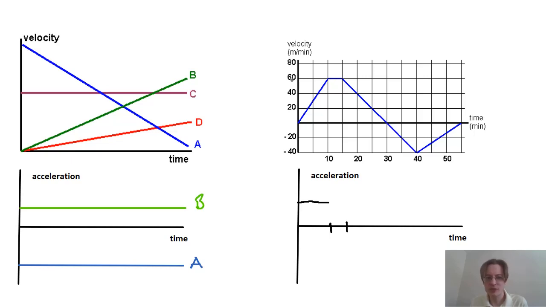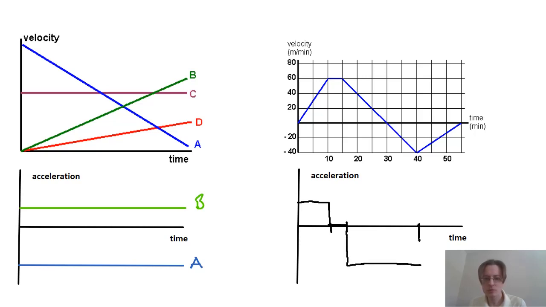The velocity is 60, but there's no change in the velocity. That means the acceleration drops down to 0. Then from 15 all the way to 40, the velocity just decreases steadily.